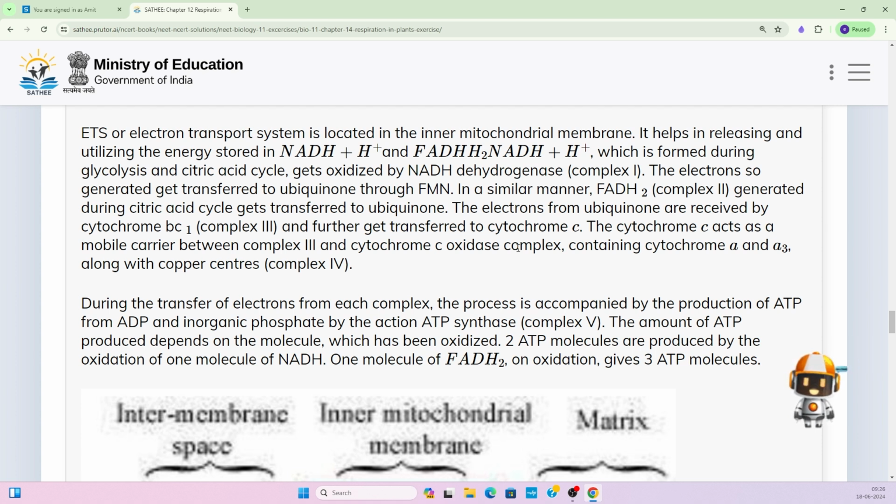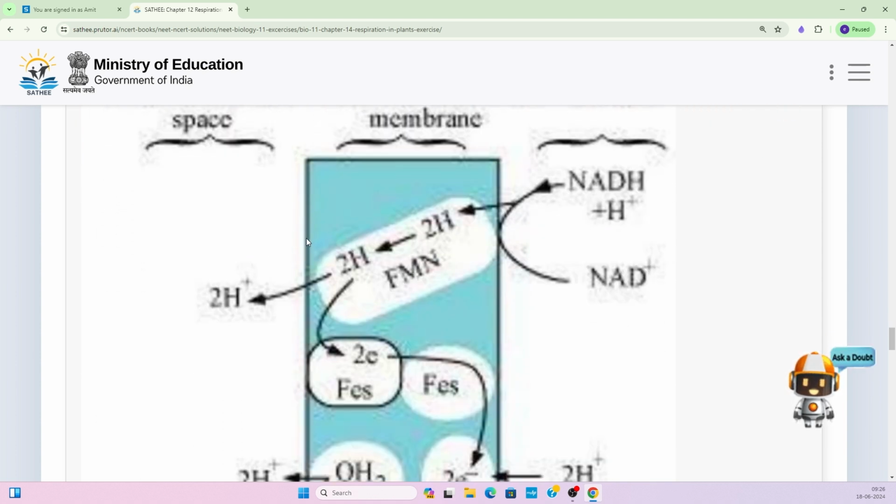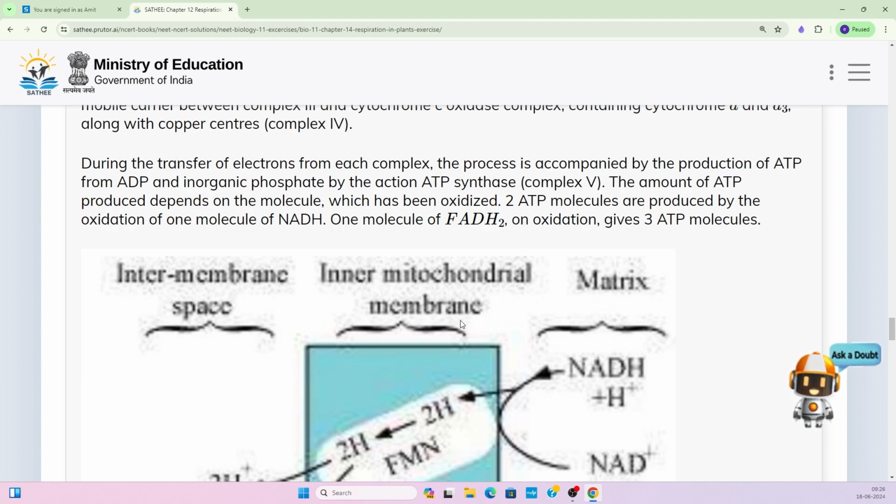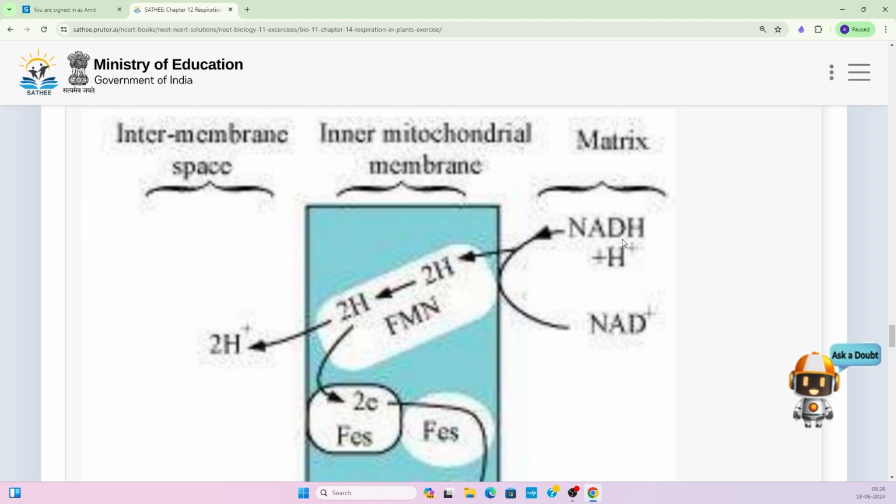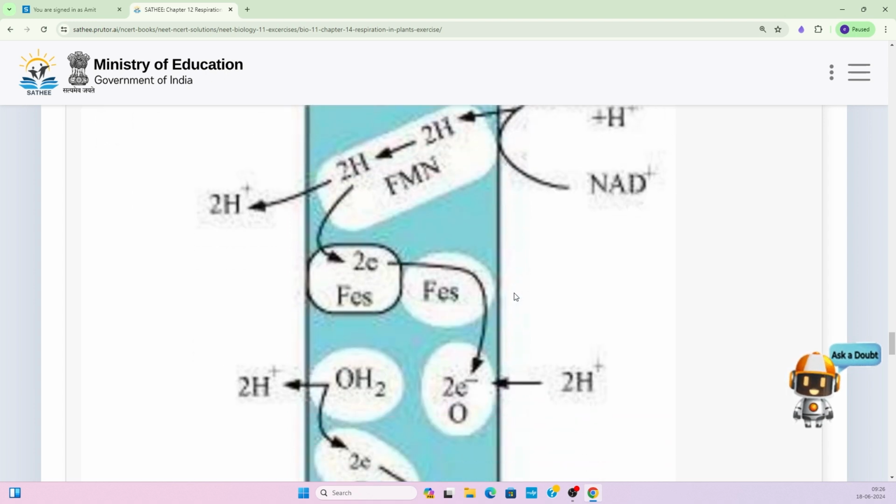The electrons so generated get transferred to the ubiquinone through FMN. Here you can see the structure: the inner mitochondrial membrane, the inner membrane space, and this is the matrix. It takes NADH from the matrix and it is transferred here.